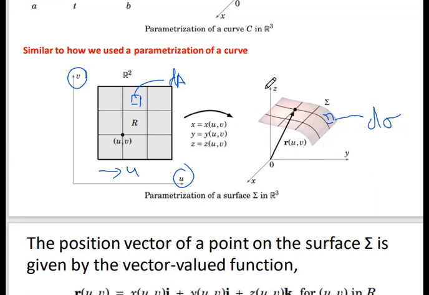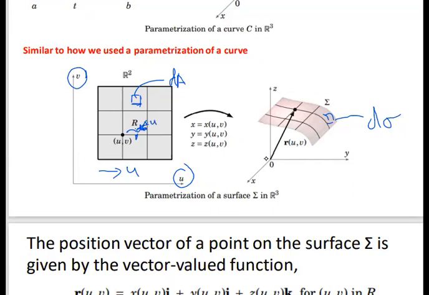Okay, now I split this one into tiny, very small, infinitesimal rectangles. This variation is u, and this length is delta u. We can use d also.